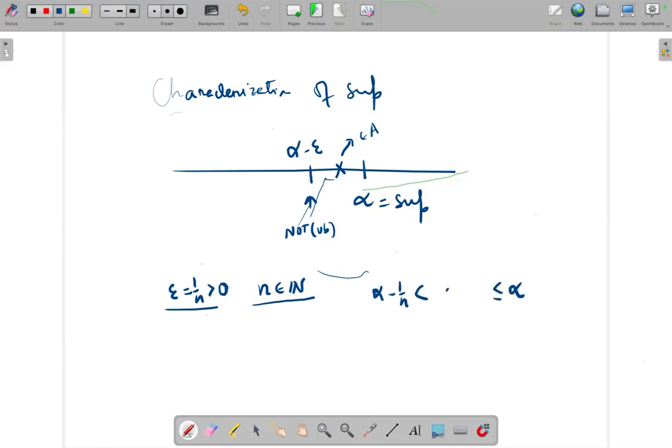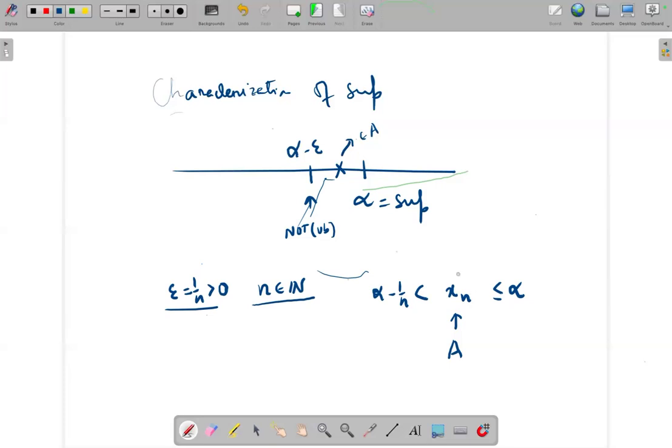So I must have some element coming from A. This is the characteristic property of supremum: anything less than alpha would invite an element of A. So alpha and alpha minus 1 by n have a distance 1 by n, and in this 1 by n distance, there is an element.